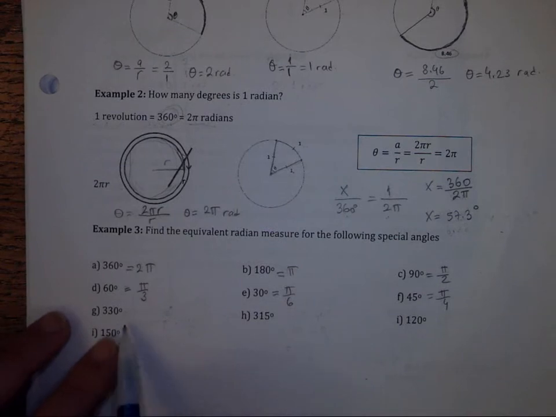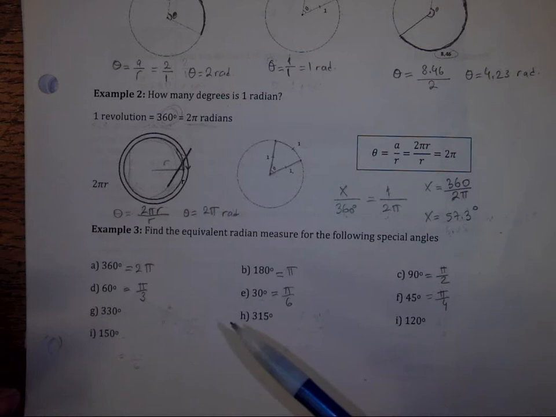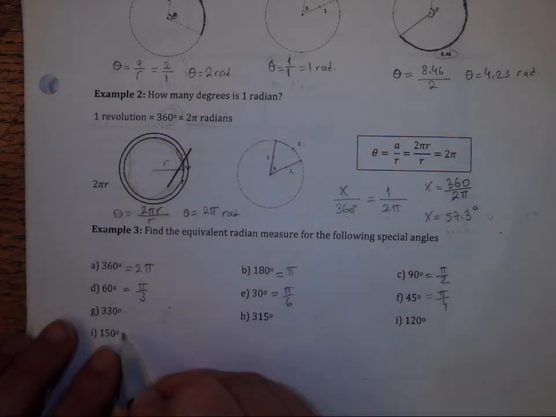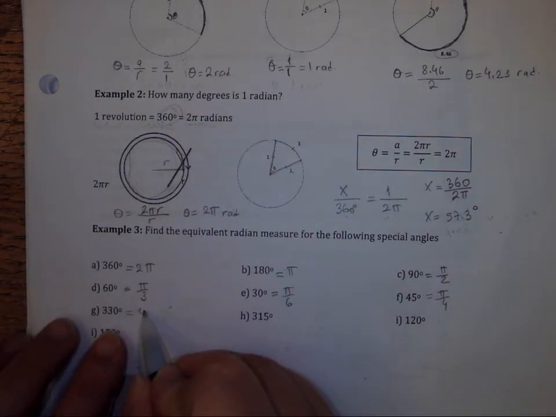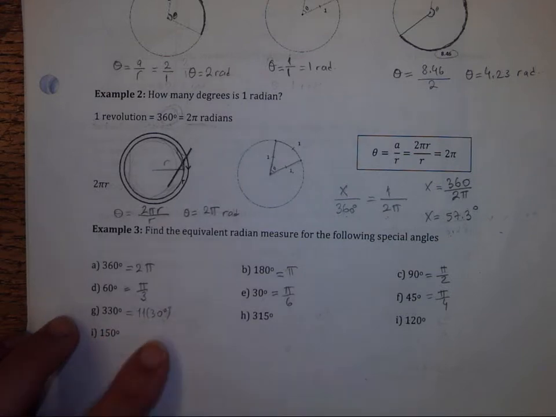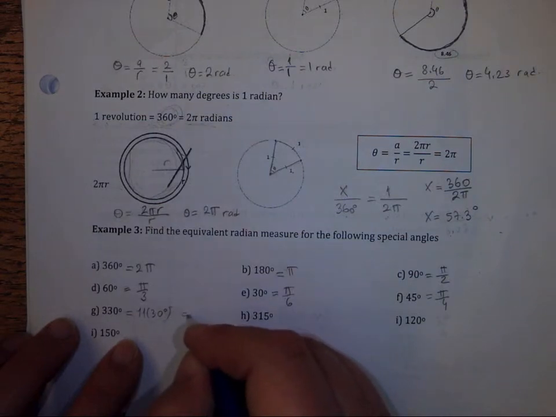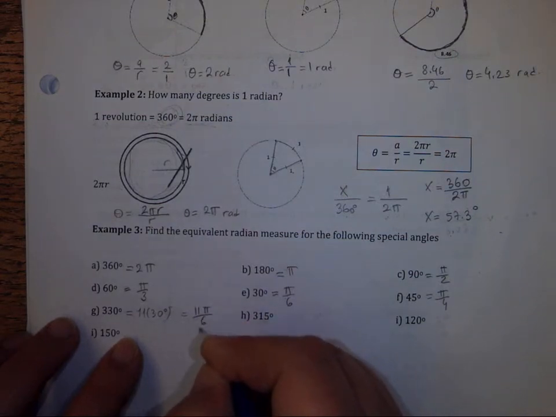330 degrees. You can compare it with 30. Can we say 330 is 11 times 30 degrees? So I can write 330 as 11 times 30 degrees. 30 degrees is pi over 6, so 11 times pi over 6 gives you 11 pi over 6.